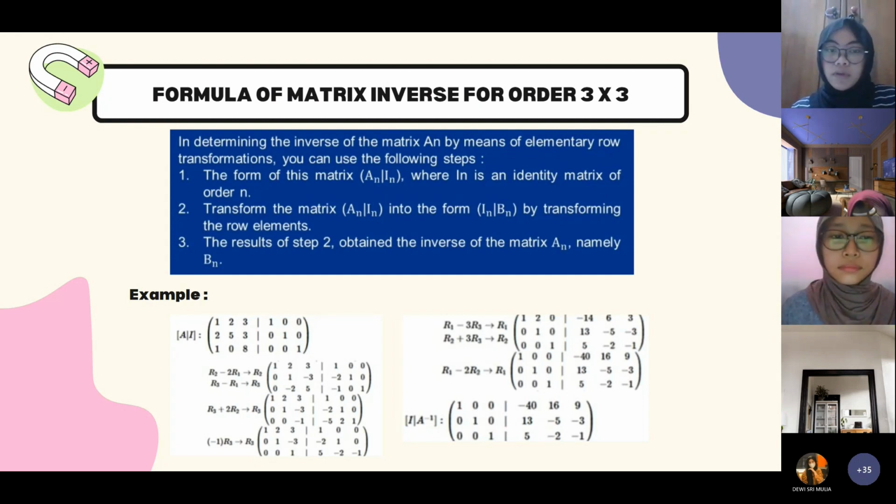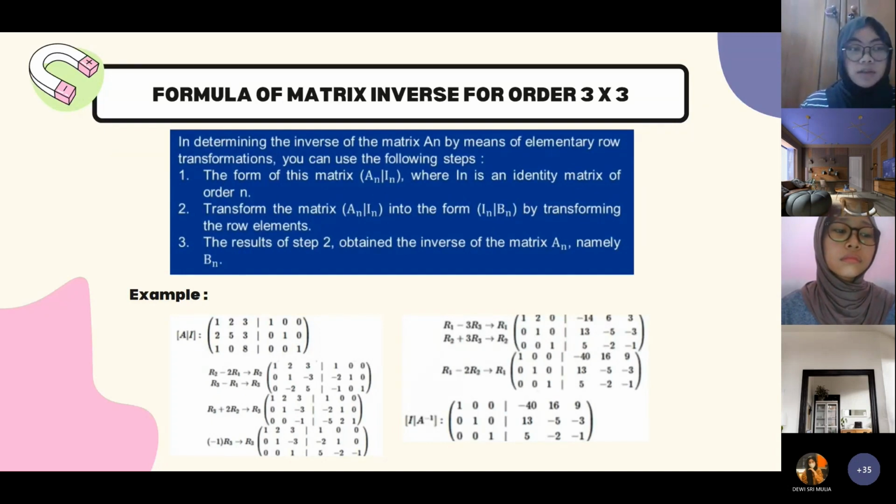In determining the inverse of matrix An by means of elementary row transformation, you can use the following steps. First, form the matrix An | In, where In is an identity matrix of order n. 2. Transform the matrix An | In to the form In | Bn by transforming the row elements. 3. From the result of step 2, obtain the inverse of the matrix An, namely Bn.